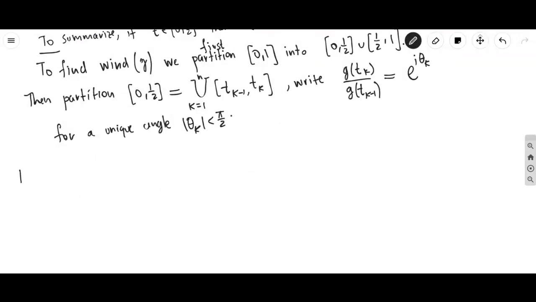And now we're going to partition the other interval. This is from 1/2 to 1 in the following form. We're going to just add 1/2 to every one of these numbers. It's going to be the same moments of time, but they're just reshifted by 1/2.